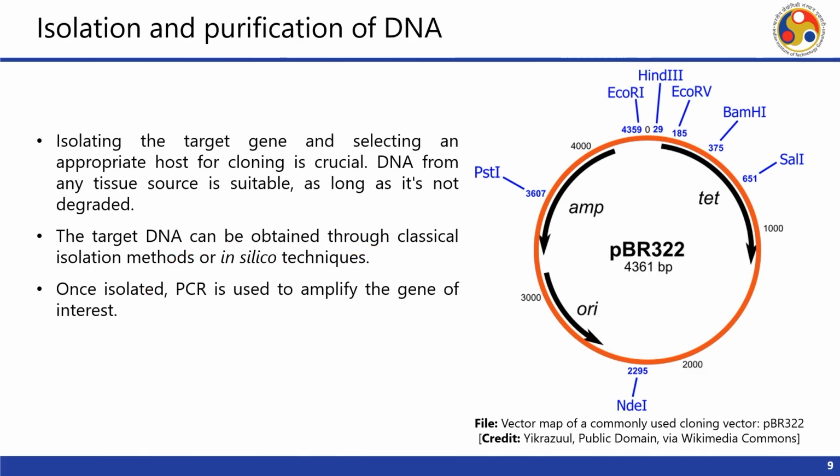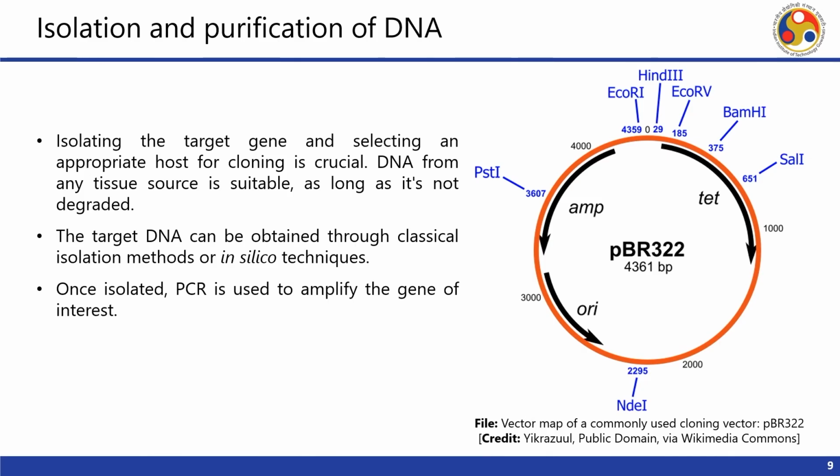Now, this figure shows the map of a commonly used cloning vector, pBR322. Some of the important features here are that each vector has an origin. This is the point or sequence from which the replication of the vector starts.